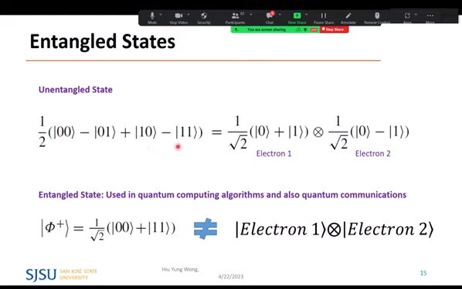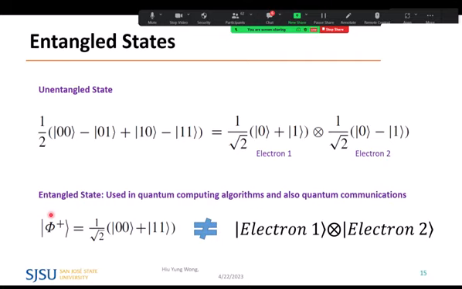For this 2 qubit state that may come from 2 electrons, I can do a so-called tensor product to factorize it into 2 states. So basically what it is saying is that I can describe this whole system by describing the individual systems separately and then combining them. So they are unentangled. Just like before my wife and I married, we can describe ourselves separately, and as 2 people, we are not coupled to each other, right?